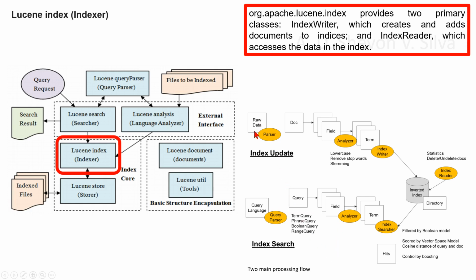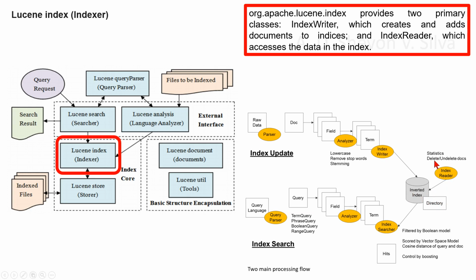Here you can see raw data and parser in index update. Doc is connected to fields, and fields are connected to terms. You can see the analyzer here: lowercase, removes stop words, stemming. IndexWriter is connected to the inverted index, and you can see the directory here, and IndexReader is connected to the inverted index.